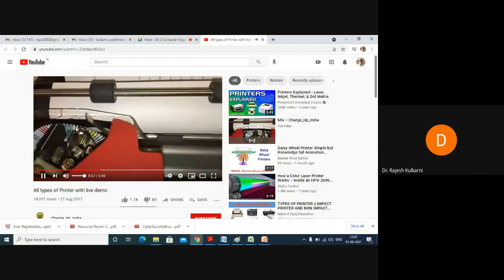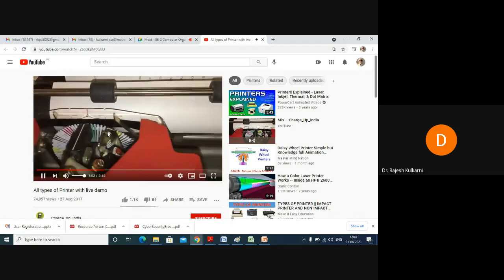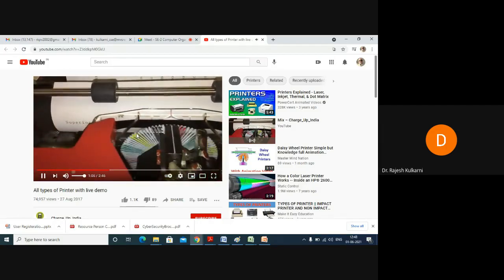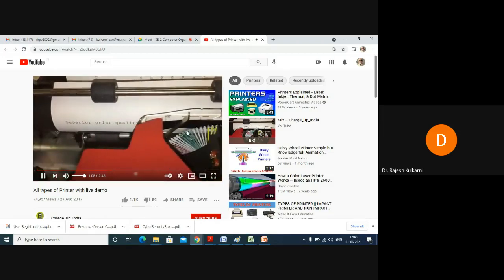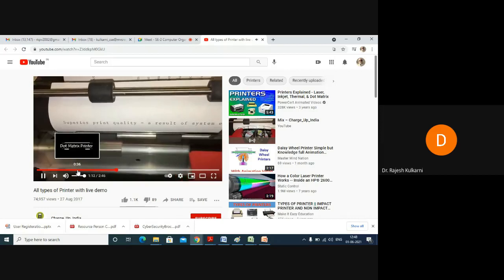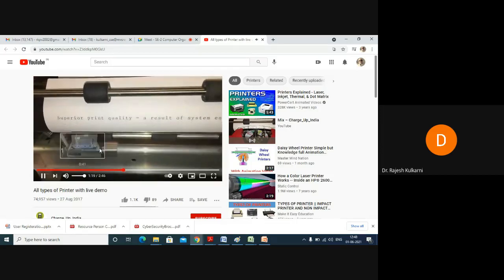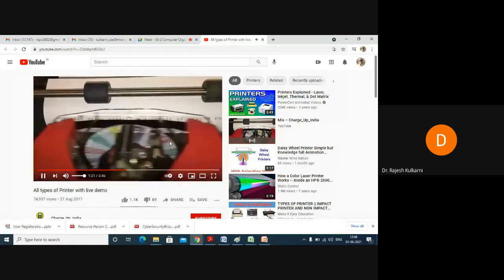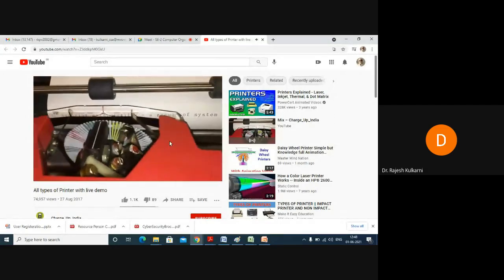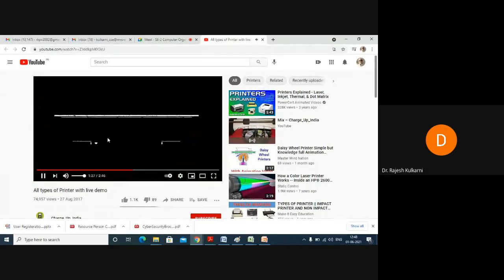Here there is a wheel. It is moving. And at its tip or circumference, you have characters. So this is what a daisy wheel is, and the wheel is there.